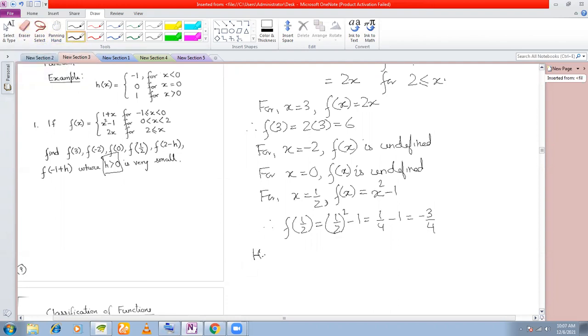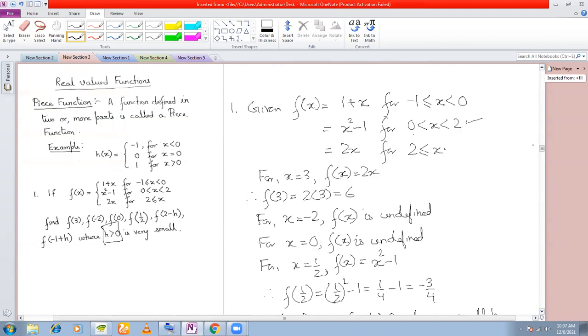Here, 2 minus h. If h is very small and h is very close to 0, 2 minus h is a number that will always be less than 2, right? Yes, sir. Right? So therefore, for x is equal to 2 minus h, which interval are we going to use?